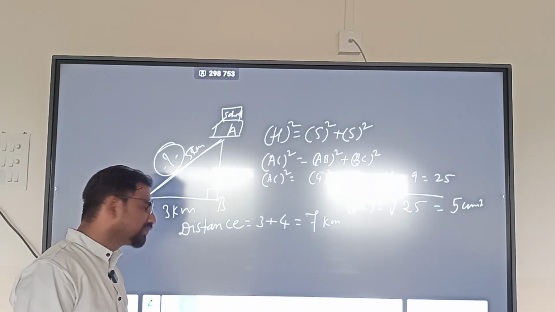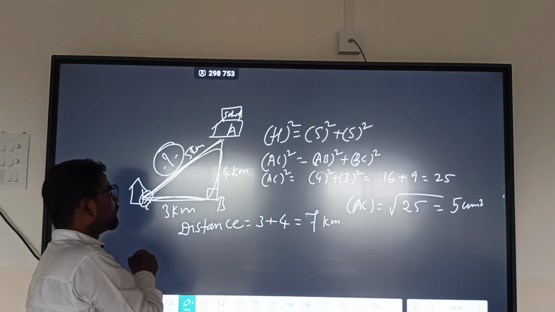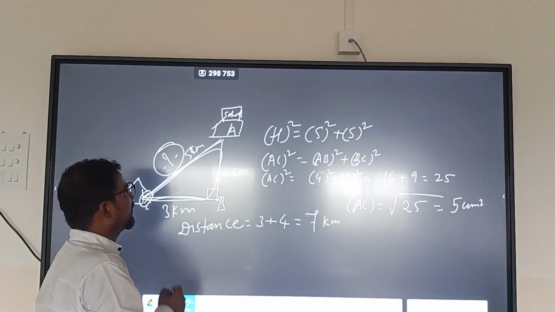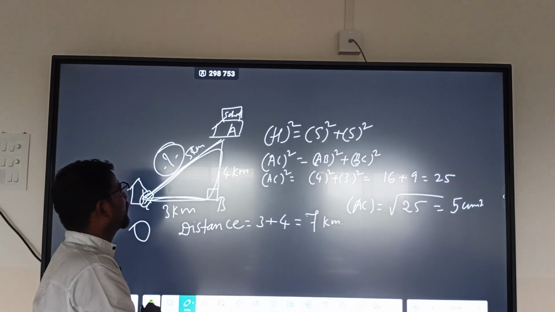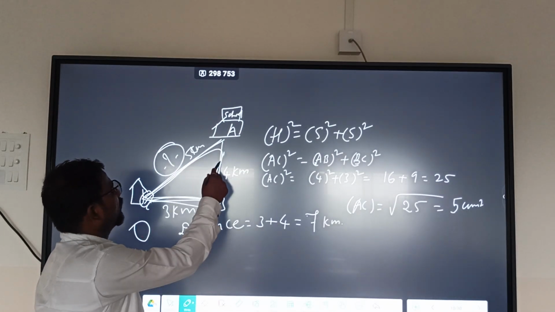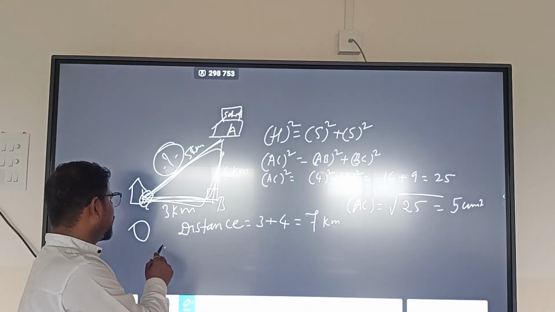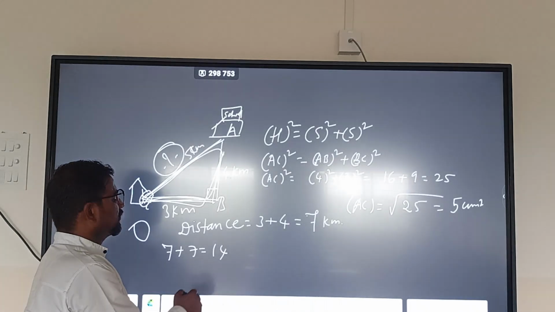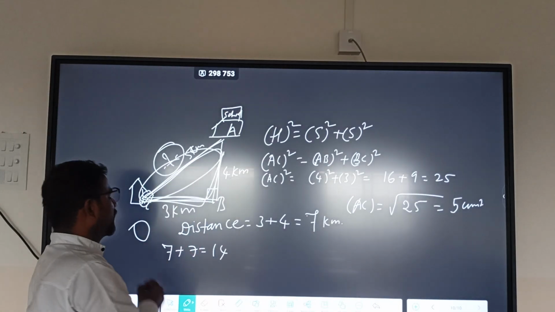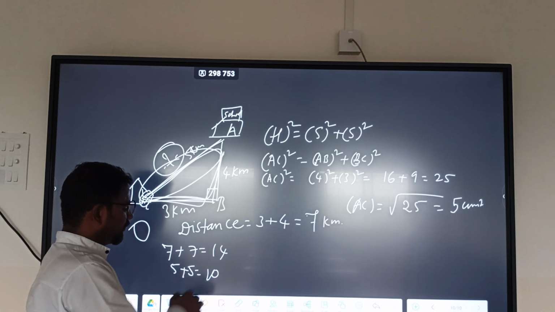Finally they will reach their house. Then displacement will become what, beta? Displacement will become 0. The total distance is 7 kilometers for Jiang and 7 kilometers back, that will be 14 kilometers for Jiang, and for Nobita the distance will be 5 plus 5, 10 kilometers.